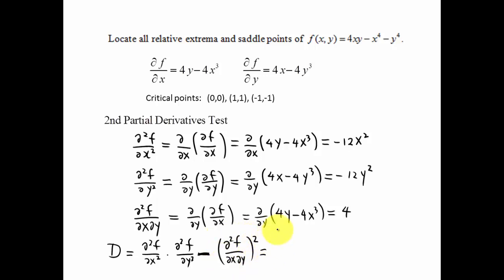This gives us minus 12x squared times minus 12y squared minus 4 squared, or 144x squared y squared minus 16.